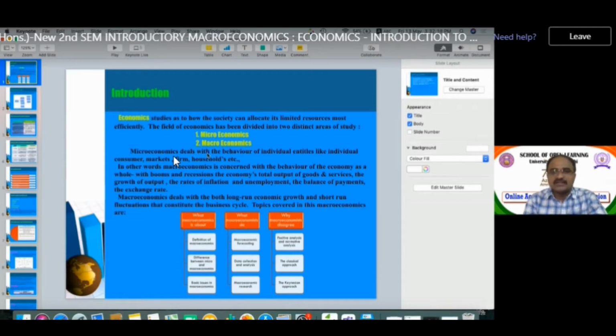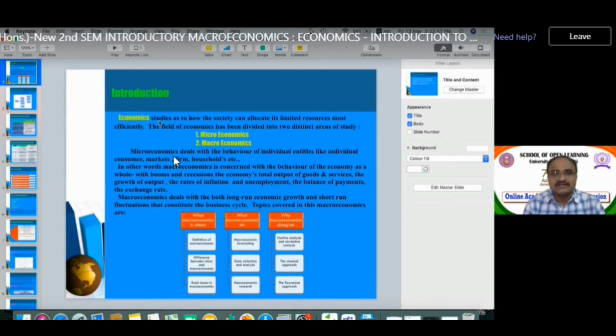In the previous semester, you students may have learned all the chapters of microeconomics. In this semester, we would like to learn macroeconomics concepts. That's why the first unit we are discussing is the introduction to macroeconomics. Before going to macroeconomics, we need to study what economics is. Students have already learned what economics is.